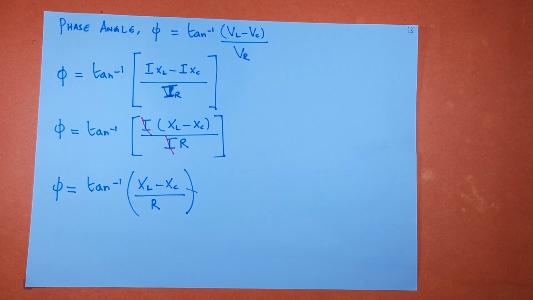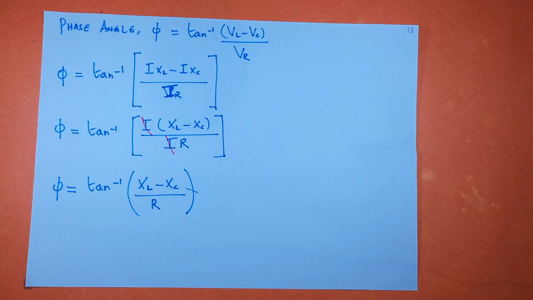So phase angle phi equals tan inverse. Actually tan phi is opposite side by adjacent side, VL minus VC divided by VR. If you want to know phi, you have to take the inverse. So phi equals tan inverse of VL minus VC divided by VR.